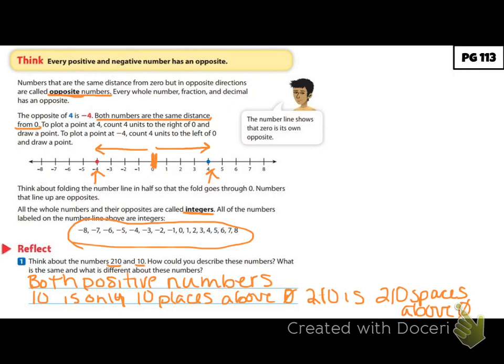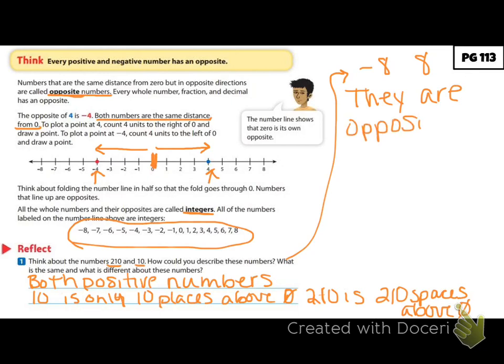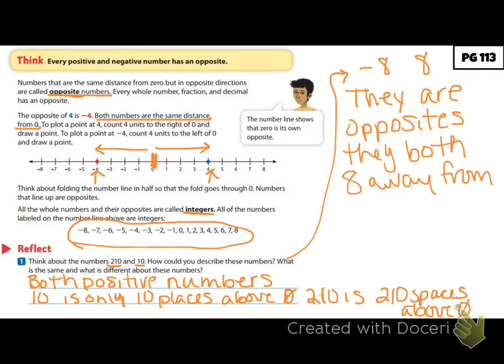So I want you guys to look at one more dealing with the same thing. What if we had -8 and 8? What is the same about these and what is different about these? Well, we can say that they are what? Opposites. Good. They are opposites because they are both 8 away from 0.